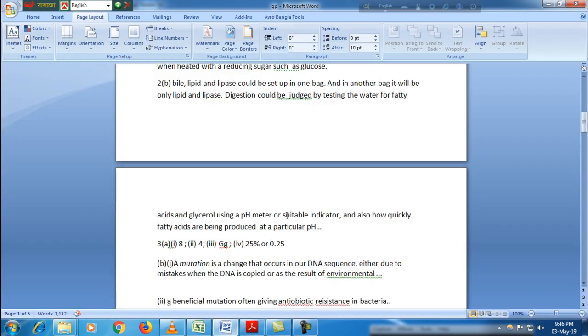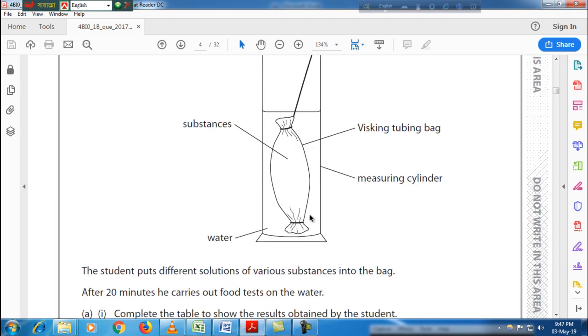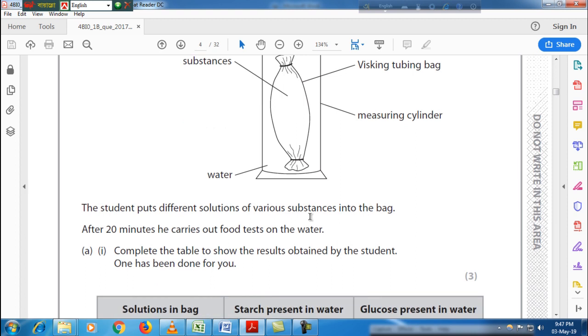And also how quickly fatty acids are being produced at a particular pH. For these different experiments at a particular pH, how much lipid is broken down and converted to fatty acids and glycerol, we can find out by this experiment.